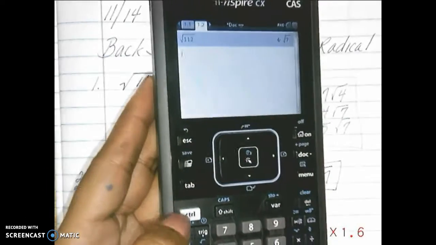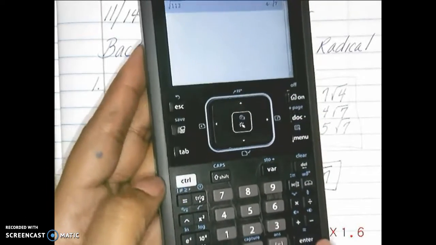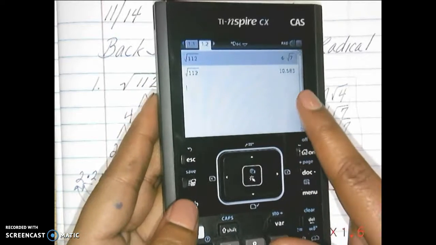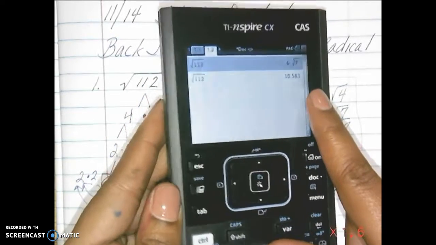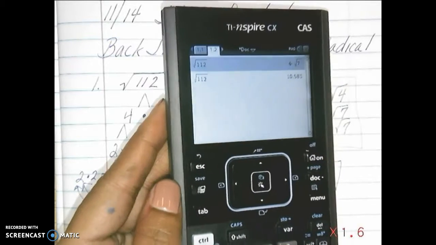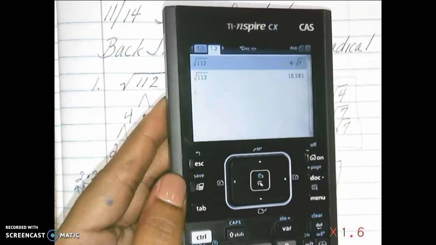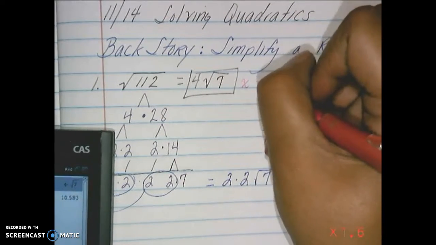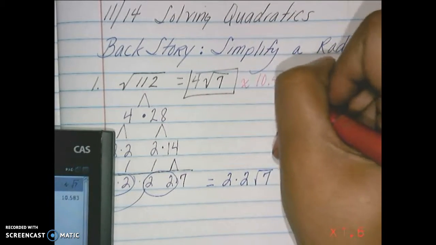Since it's in blue, we have to press the blue control button. So we would press control, and we would get 10.58. I hope you can see that well enough. This is also approximately 10.58.